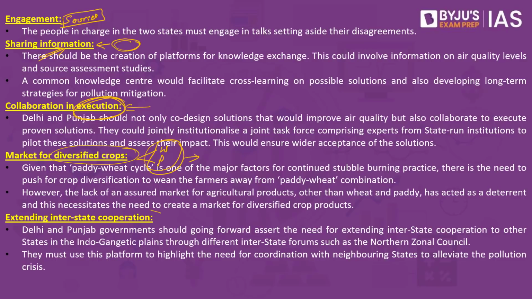Finally, extending interstate cooperation. What do we mean by it? Apart from all the knowledge sharing and sharing of solutions with other states, what you require is active participation and interstate cooperation, sorting out different types of issues, for which the Northern Zonal Council can be made use of, says the author.